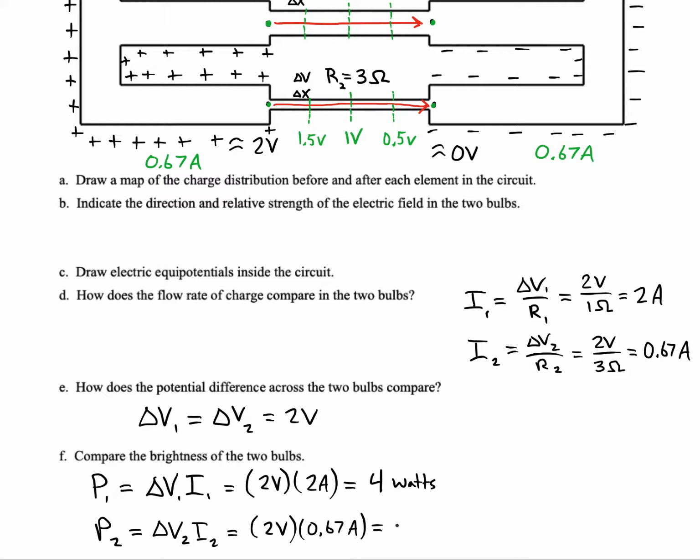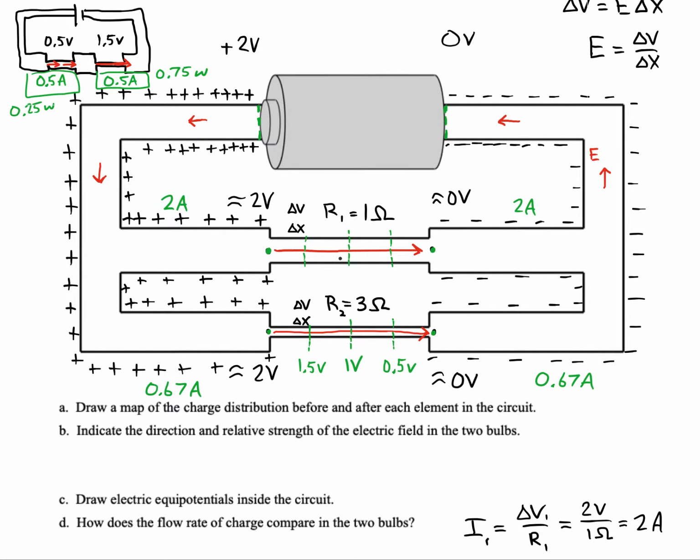Now we've got only 1.3 watts, it looks like. So in this particular setup, interestingly, the thick bulb dissipates much more power than the thin bulb, so it's going to be much brighter.